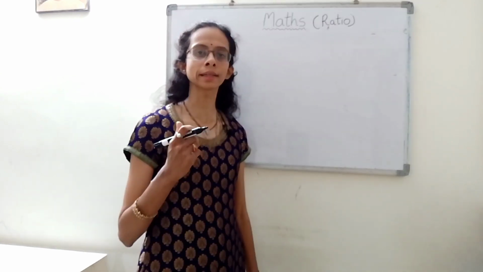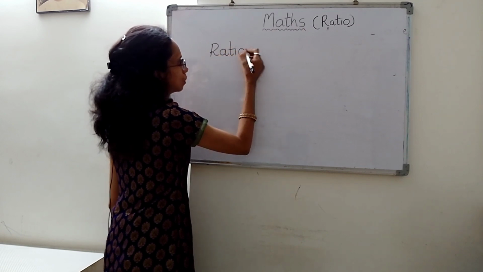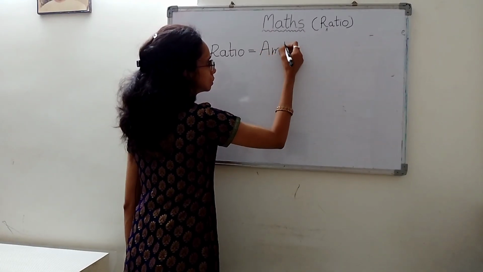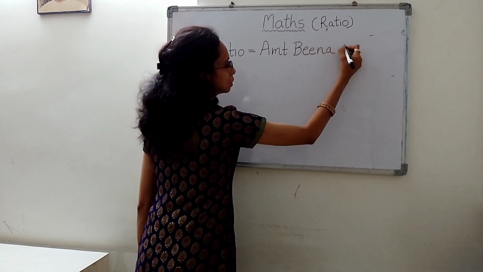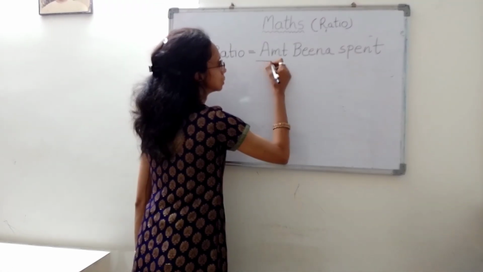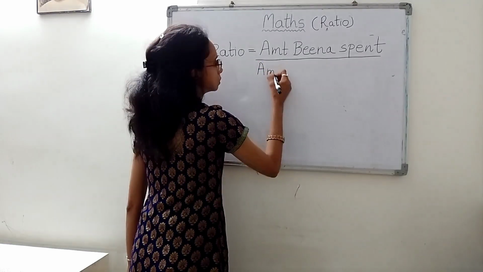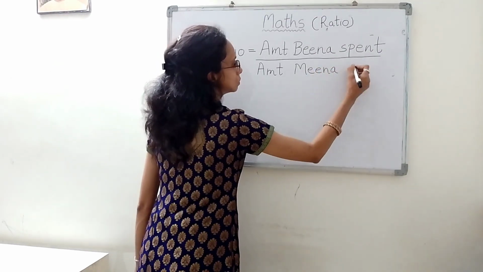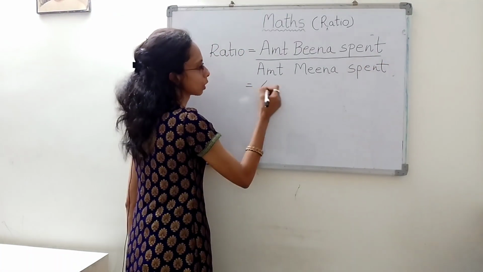So students, we can tell that the ratio of the amount Beena spent to the amount Meena spent is 40/1.